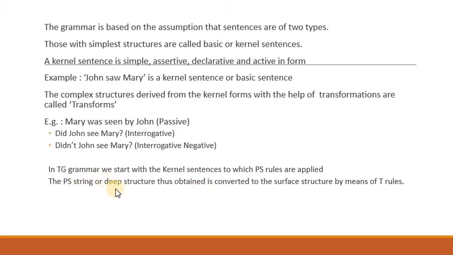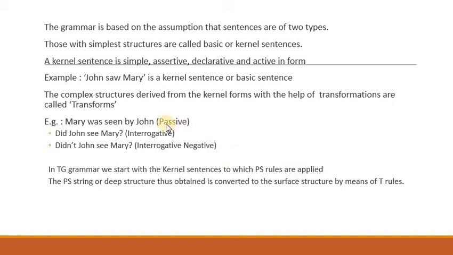So the PS string, or deep structure, thus obtained is converted into a surface structure by means of T rules. That's what happens.